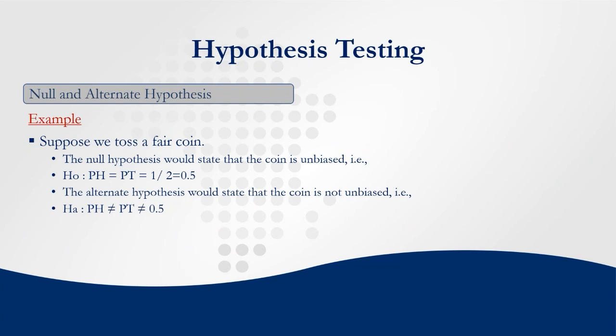So perhaps you are doing the study because you suspect that there are defects. And then the data that you'd be collecting as you do the trials by tossing the coin will now be presented as evidence to say, are we seeing that the probability of getting a head and a tail is equal, or are we seeing that there is more of a weight to a certain side of the coin?